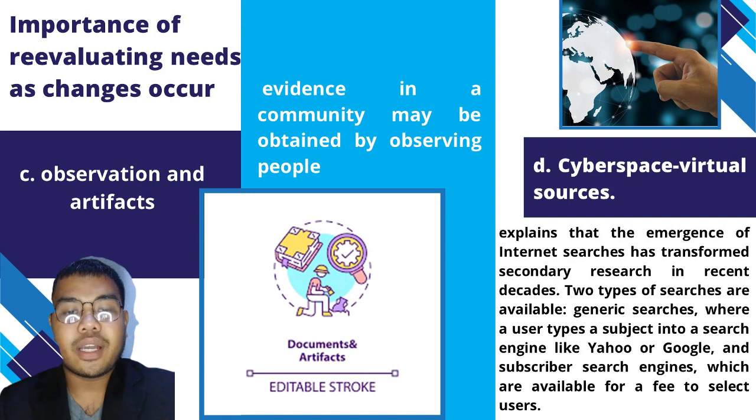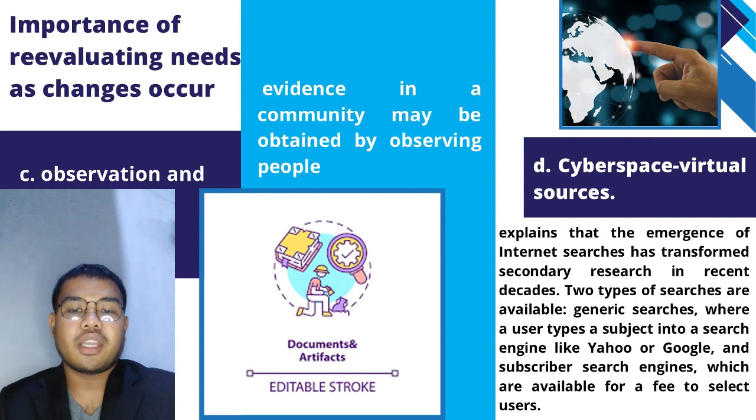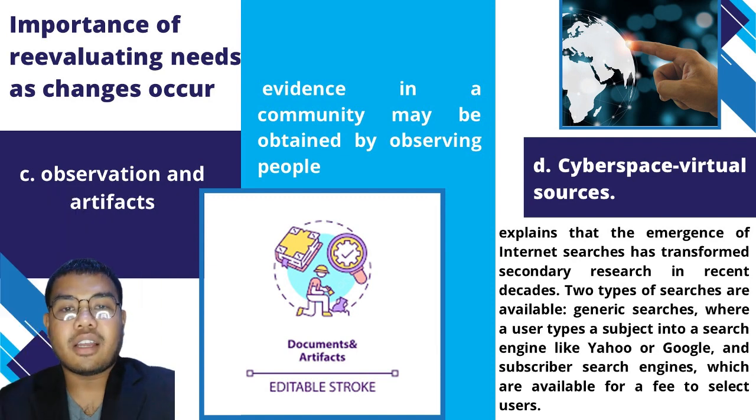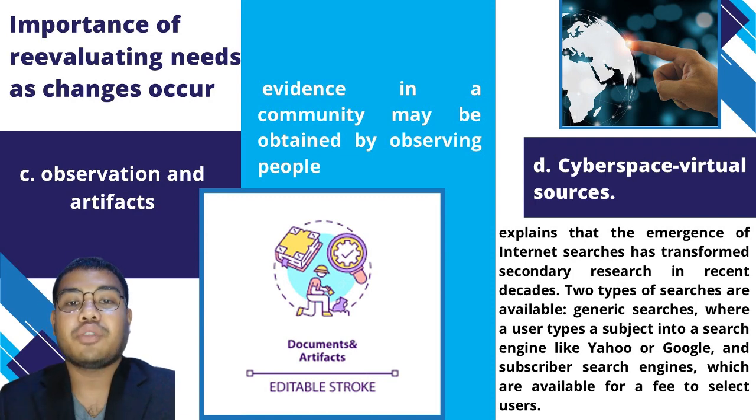Then the third one, observation and artifacts. The evidence in a community may be obtained by observing people. It means that, for example, you're the researcher and you're going to live in that area, and by that you will know the reasons or the problems in that area through your observation.